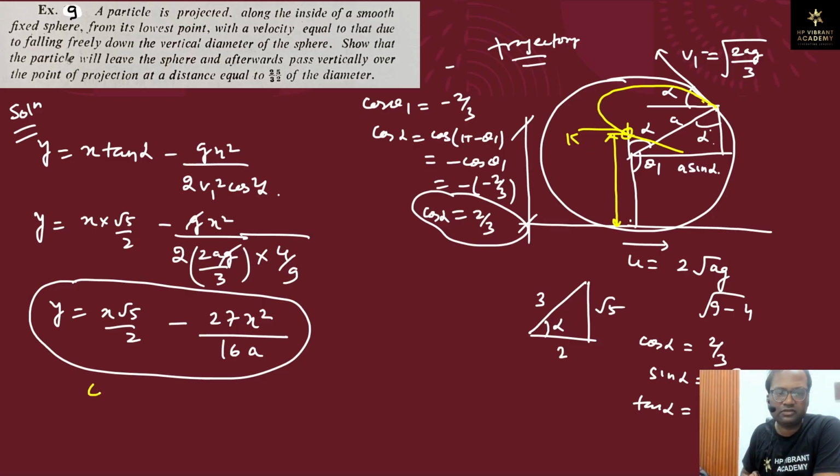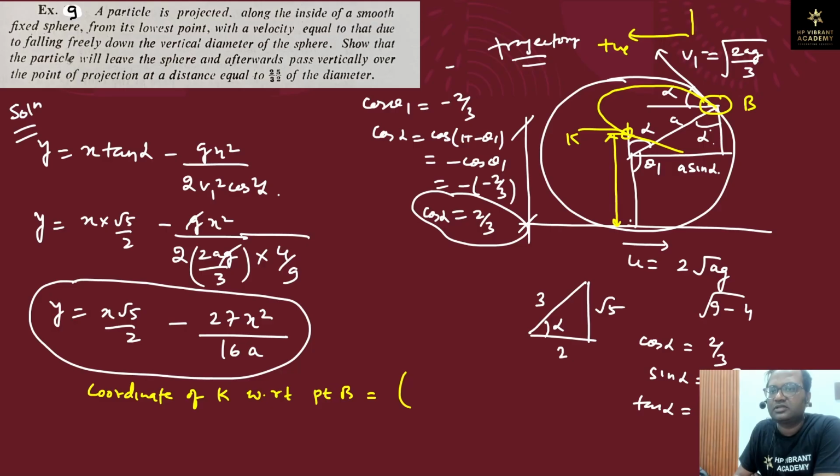So the coordinate of K will be, and this is our point of reference. Okay, so with reference to point B, the coordinate of K with respect to point B: this direction we are taking as positive, this direction as negative.